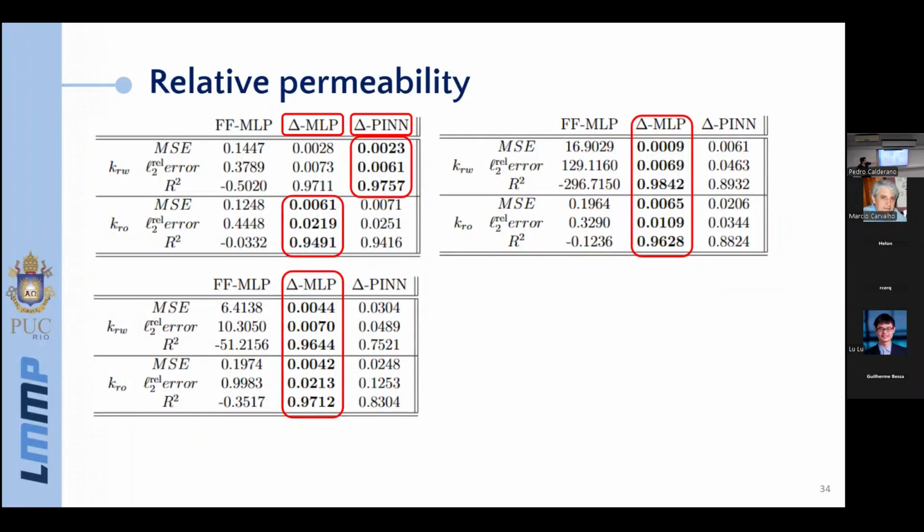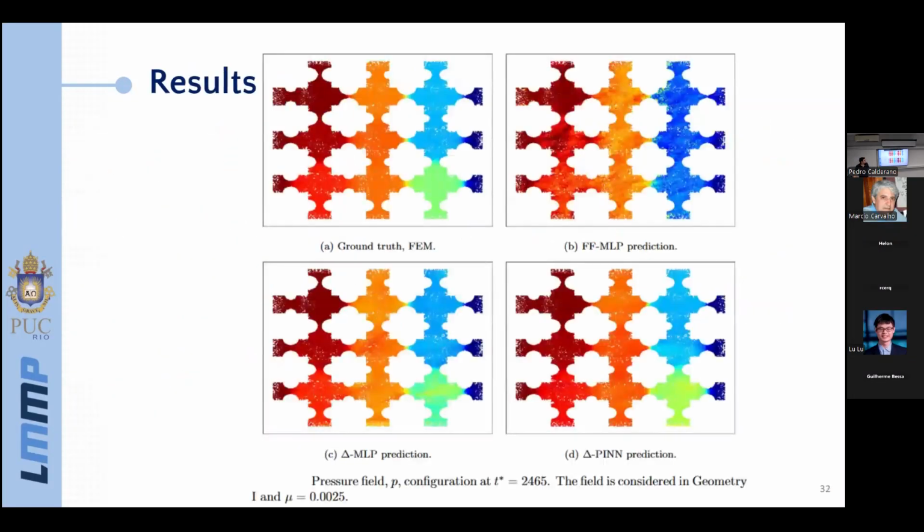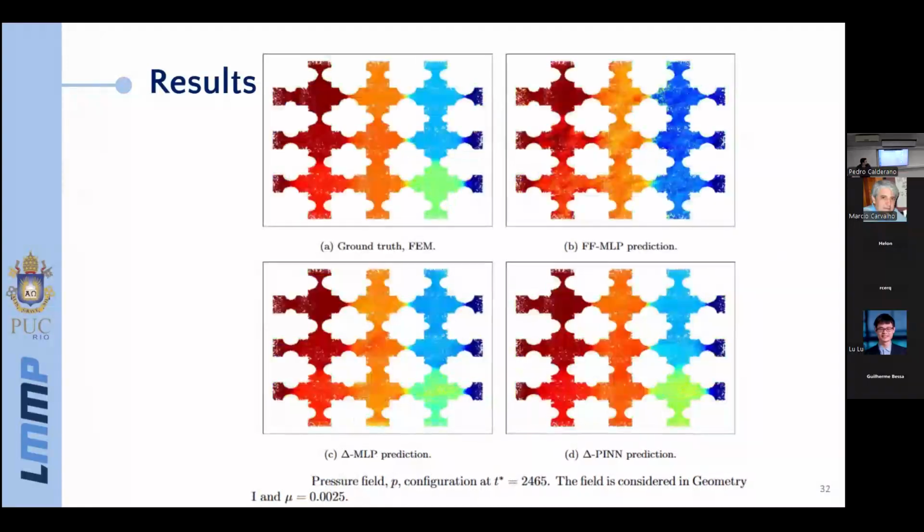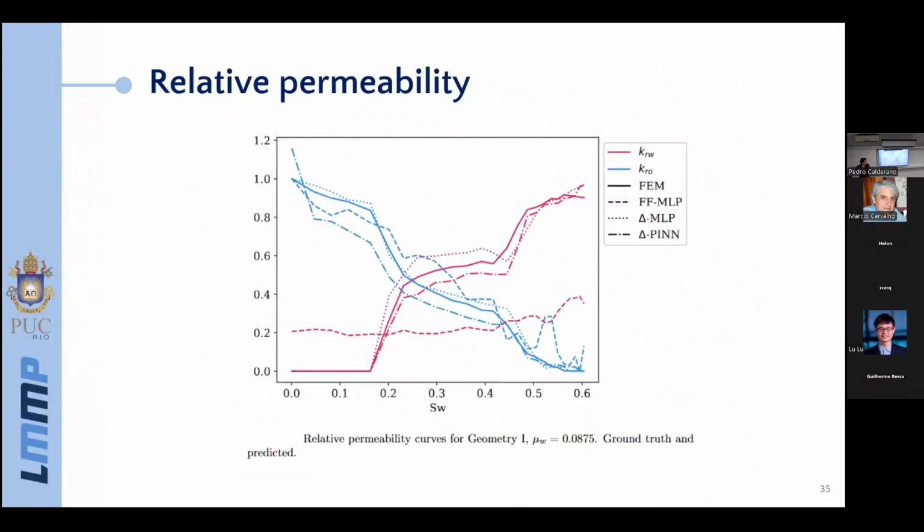And when I consider geometry 2 and 3, the delta MLP had the best performance overall, and that happens basically because I had to compute the flow rates, and to compute the flow rates, I need to consider the saturation fields, as delta PINN has this problem in the prediction of the saturation fields. The error is carried over to the computation of the relative permeability.